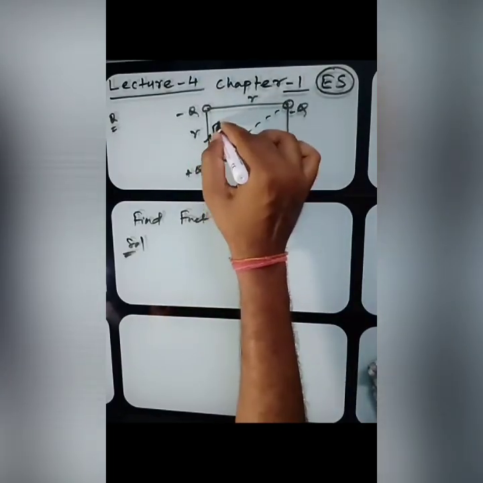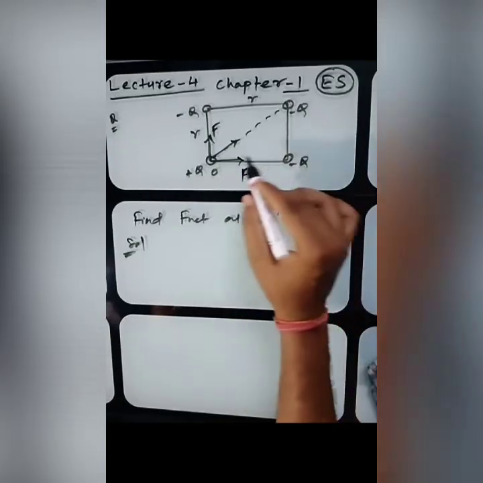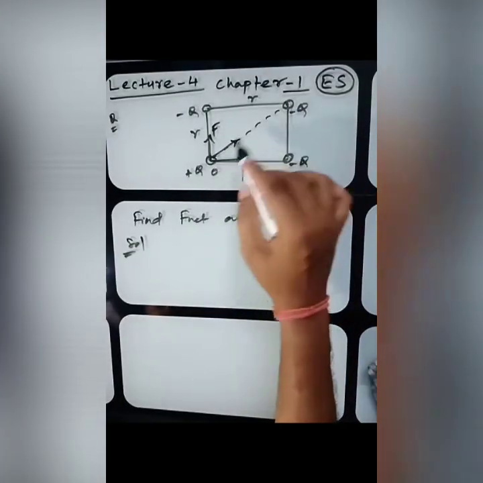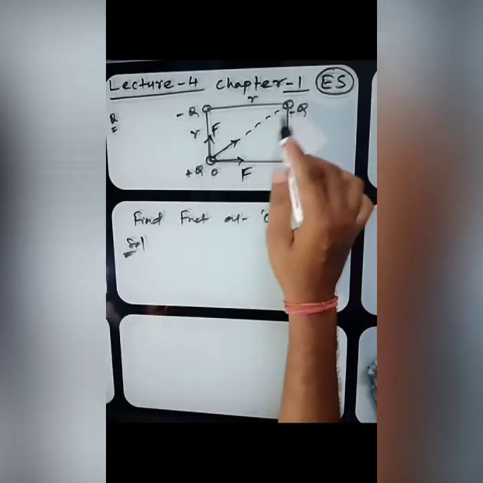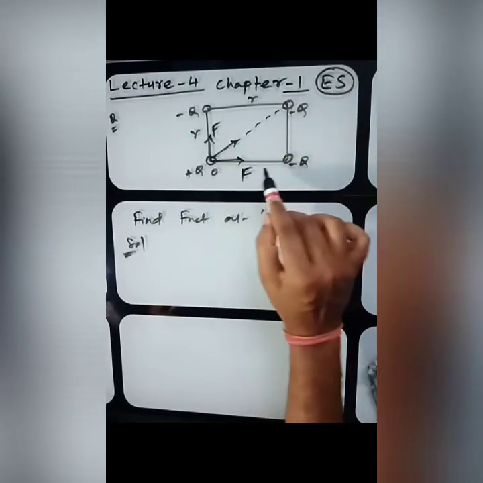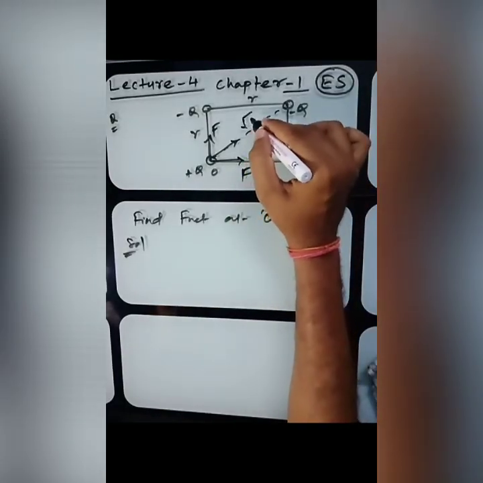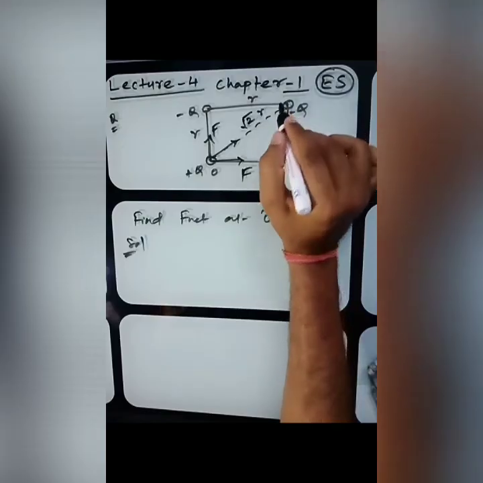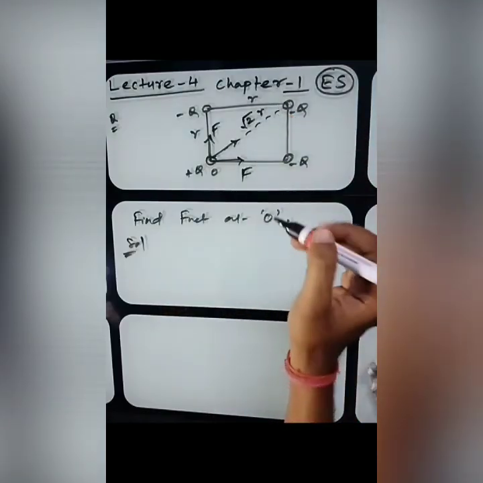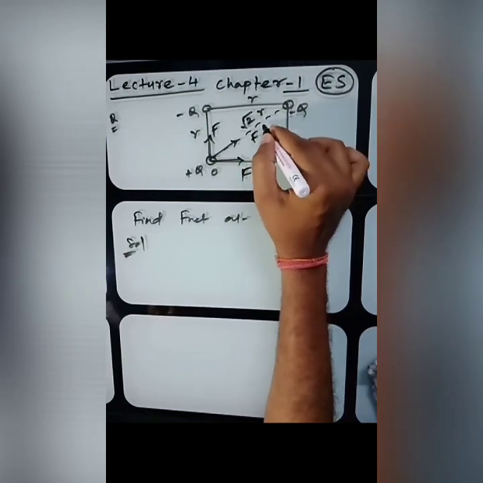The force will be same in magnitude, so we are writing here the F. But these two charges are same in magnitude, but the separation is not same. Here the separation is r, but this separation will be root 2 times r. This is the diagonal of the square, root 2 times r. So the force will change. So we can write here F dash.